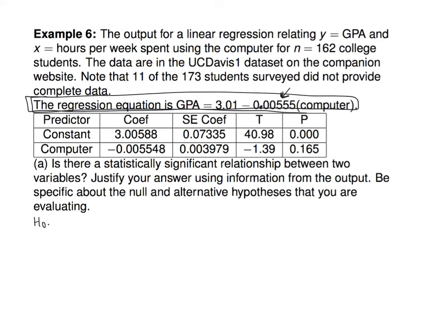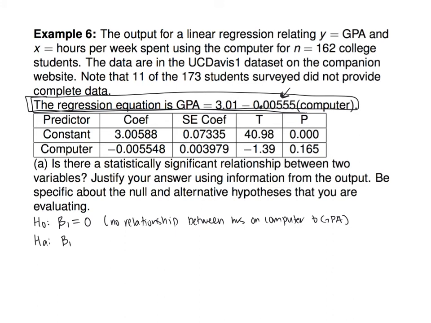So the null hypothesis is that the true slope, beta 1, is equal to 0. So what this is saying is that there's no relationship between hours on computer and GPA.